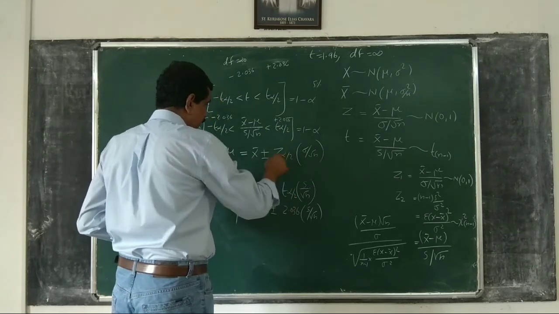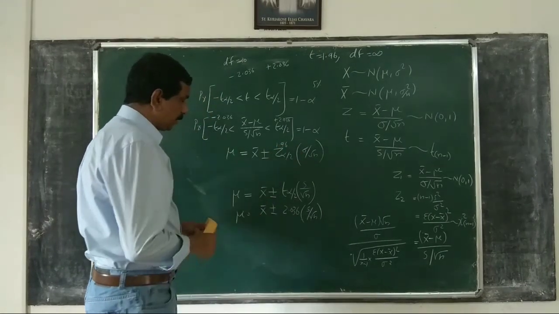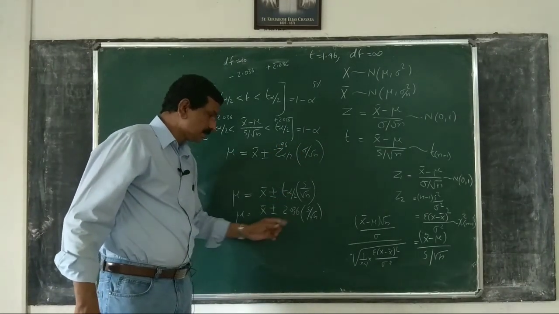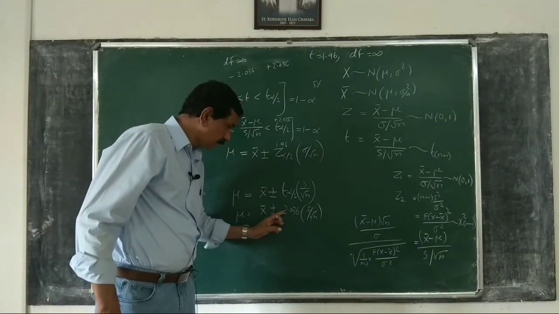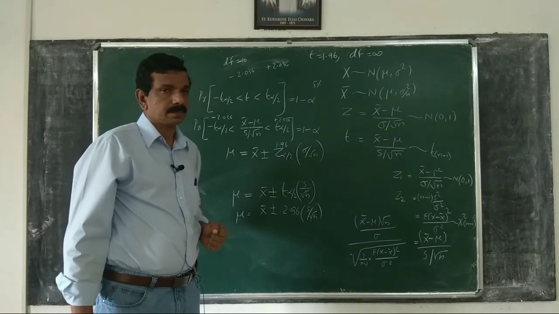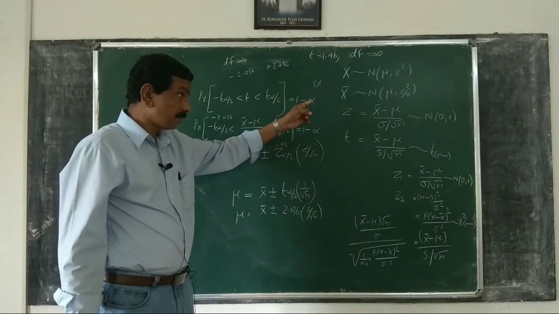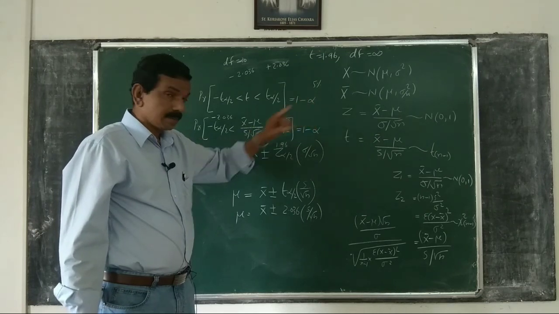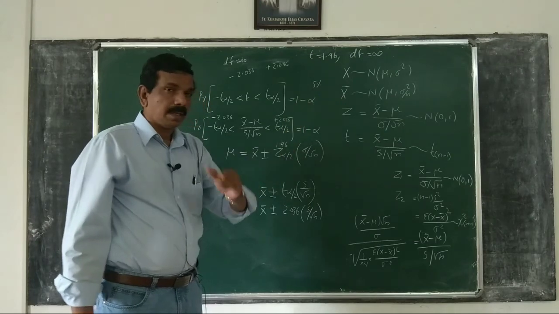If alpha is 5%, here there is only one value. But here it depends on the degrees of freedom also. So the value varies from sample to sample depending on the sample size. And this is how we construct a confidence interval for the population mean using the estimator arithmetic mean.